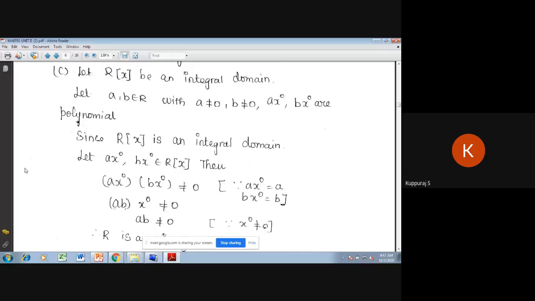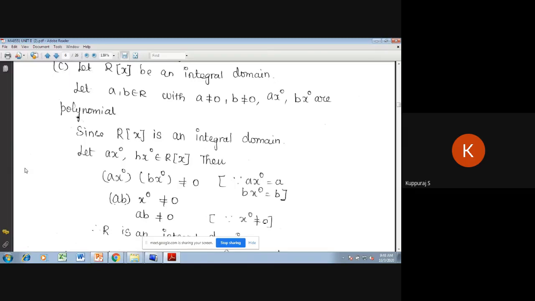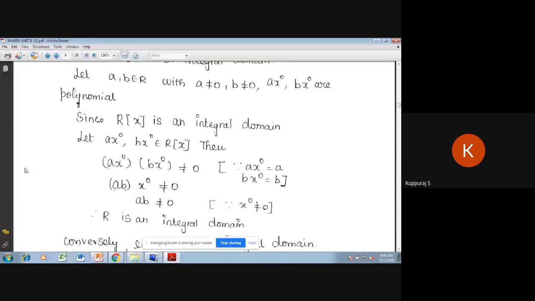We know x power 0, the indeterminate, is not equal to 0, which means the product of a and b is also not equal to 0. Which means capital R is an integral domain.